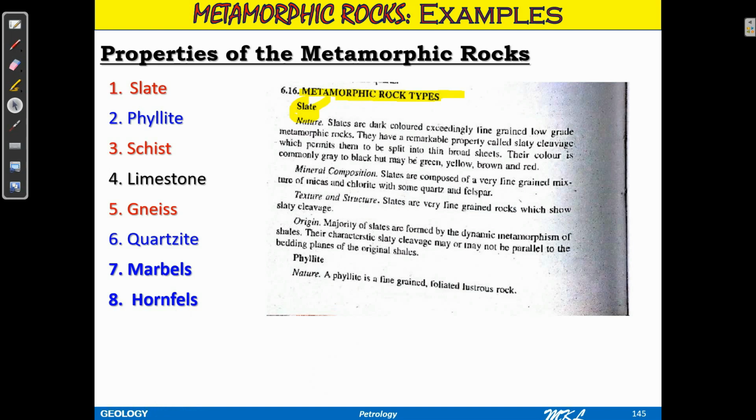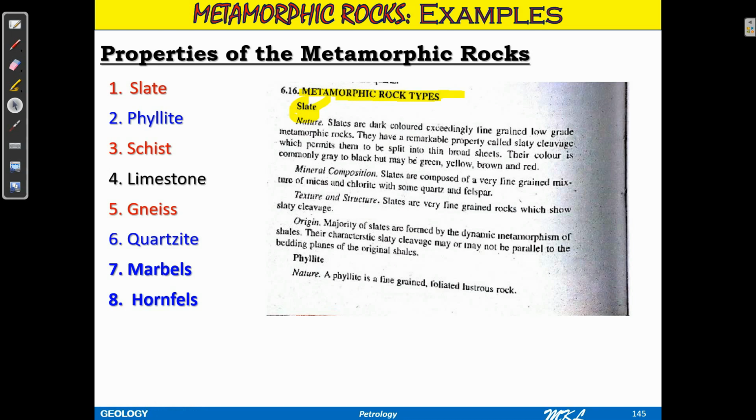So you have to write down slates are dark colored metamorphic rock, basically composed of very fine grain mixture of micas and chlorite. How they are generally formed. What is phyllite, what is schist, what is limestone, what is gneiss, what is quartzite, what is marble, what is hornfels.